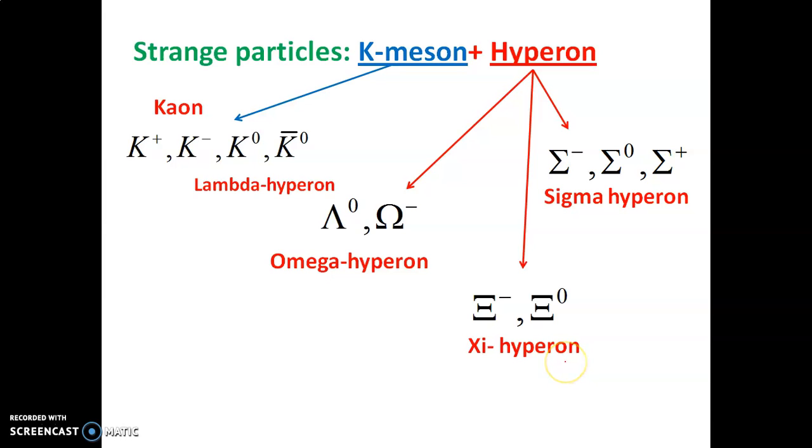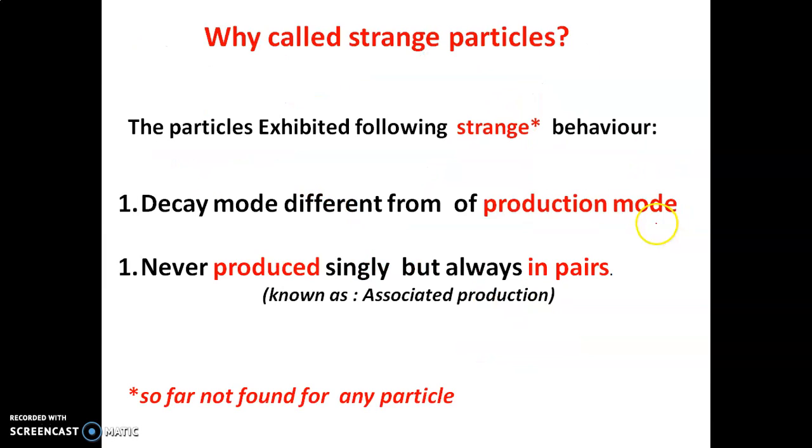So we had already seen the kaons, K-mesons and the hyperons. I have probably not told you the names of these. This is the lambda hyperon, this is the omega hyperon, these are the xi hyperon, and these are the sigma hyperon. And why they are called strange particles, we have already seen.